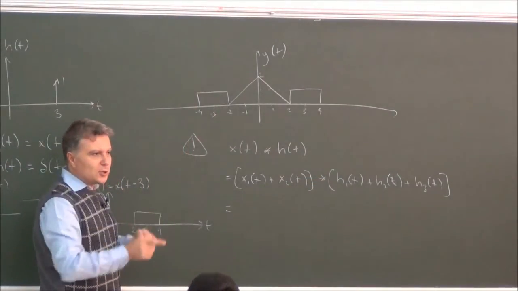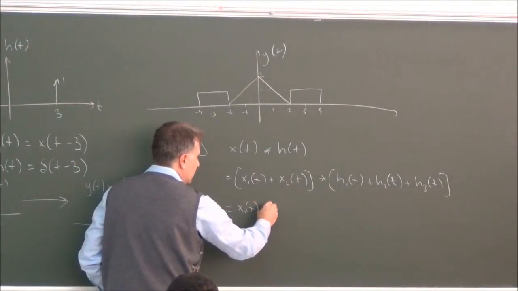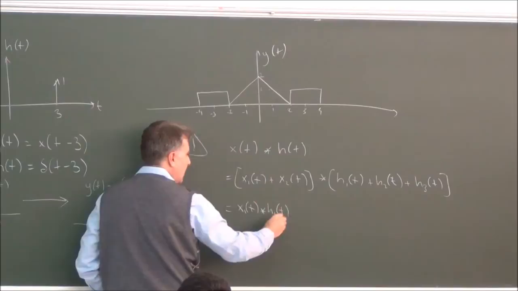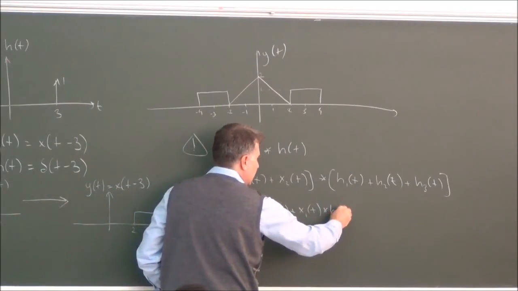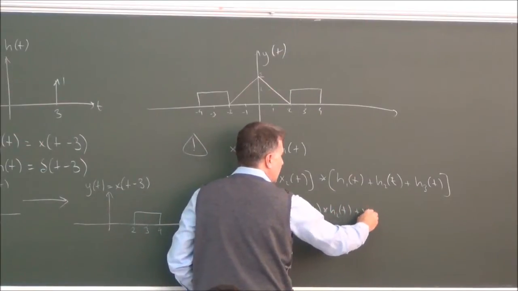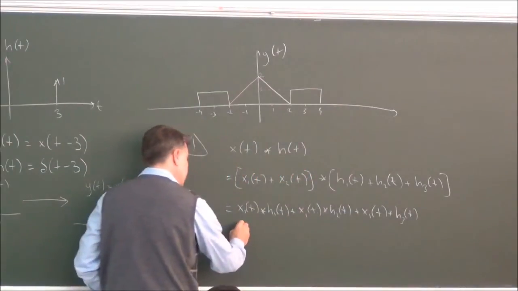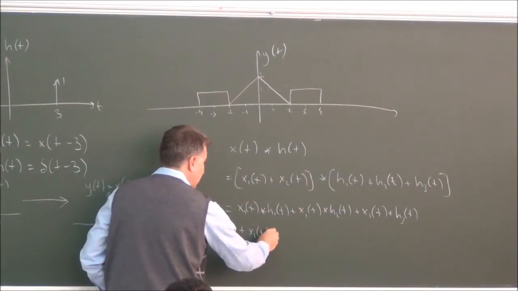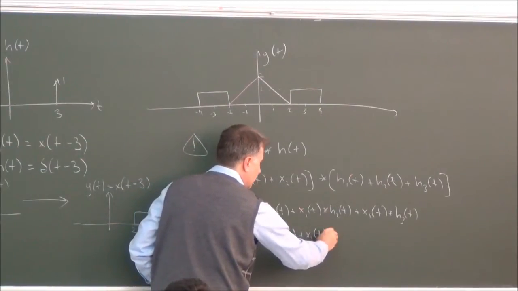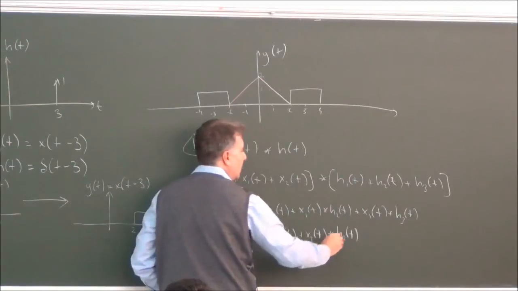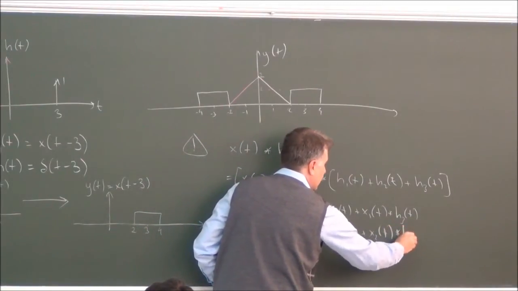The cross convolutions of everything will appear here. x1 of t convolution h1 of t plus x1 of t convolution h2 of t plus x1 of t convolution h3 of t plus x2 of t convolution h1 of t plus x2 of t convolution h2 of t plus x2 of t convolution h3 of t.